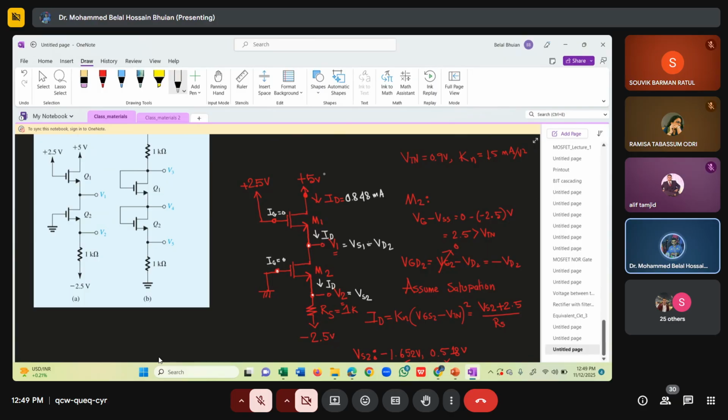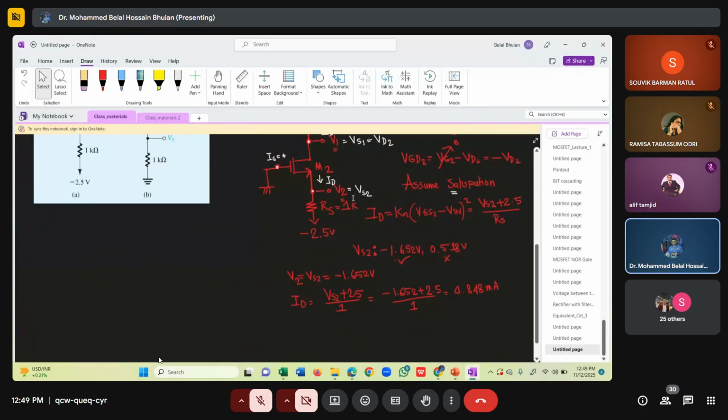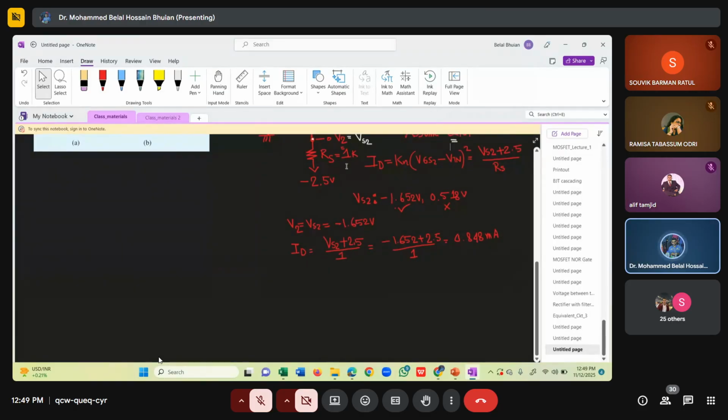Now, we obtained the current ID assuming that it is operating in saturation region. After doing that, what should we do? We need to justify. For justification, we need to do VGD, which is VG2 minus VD2.